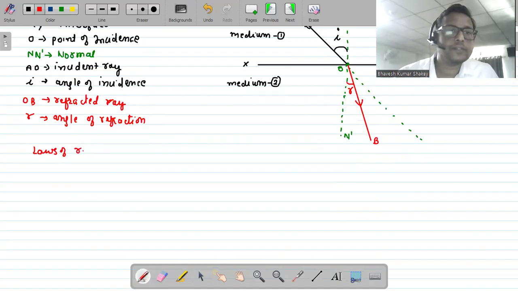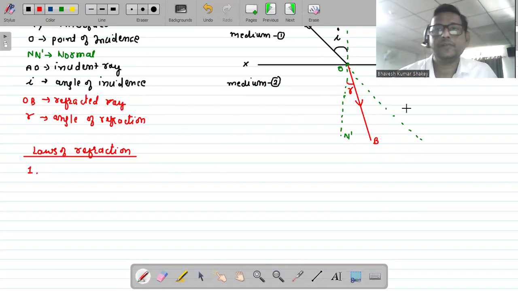The topic is laws of refraction. So what are the laws of refraction? The first law, or the first point of the laws of refraction: the incident ray, refracted ray, and normal. In my ray diagram, the incident ray is AO, the refracted ray is OB, and the normal is N dash.